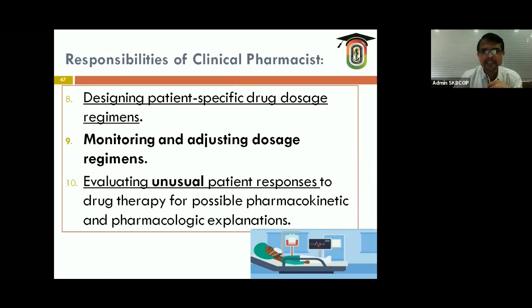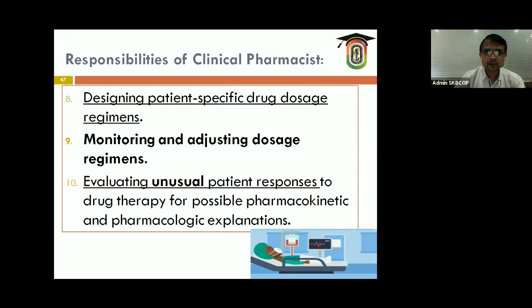Again, depending upon the patient and patient's mentality, there can be some unusual patient responses. ठीक है, patient डर जाता है या patient को कुछ different type के जो शायद contraindication लिखे या फिर जो adverse drug reaction लिखा है वो नहीं होते हुए कुछ और unusual responses पेशेंट दे रहा है. So that has to be monitored and evaluated, again that should be evaluated on the basis of pharmacokinetic and pharmacologic explanation. It should not be random.